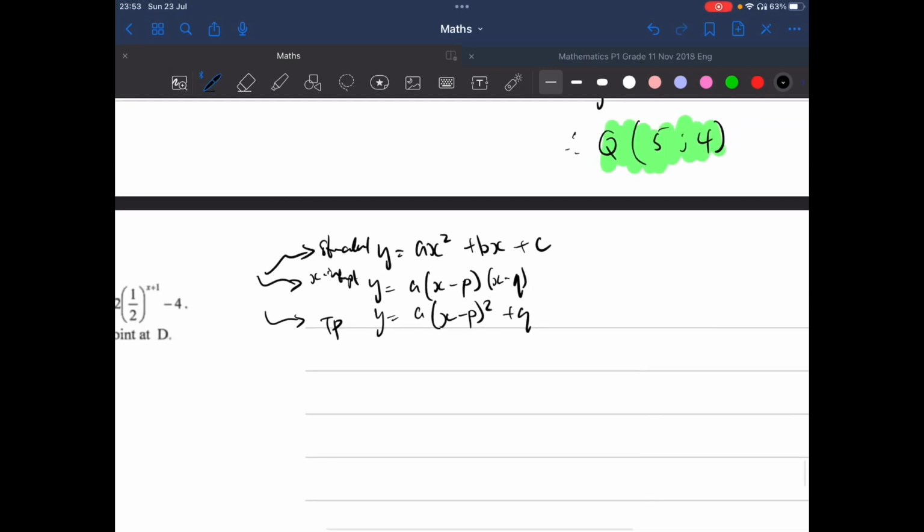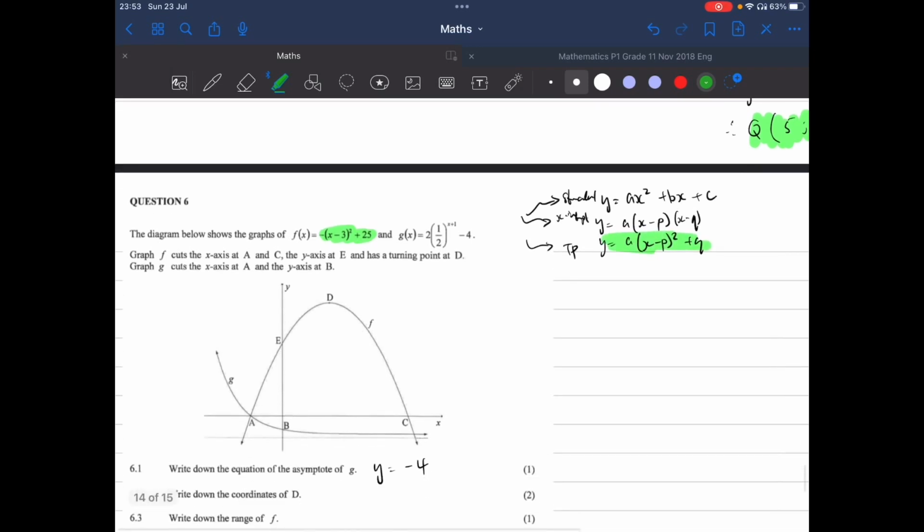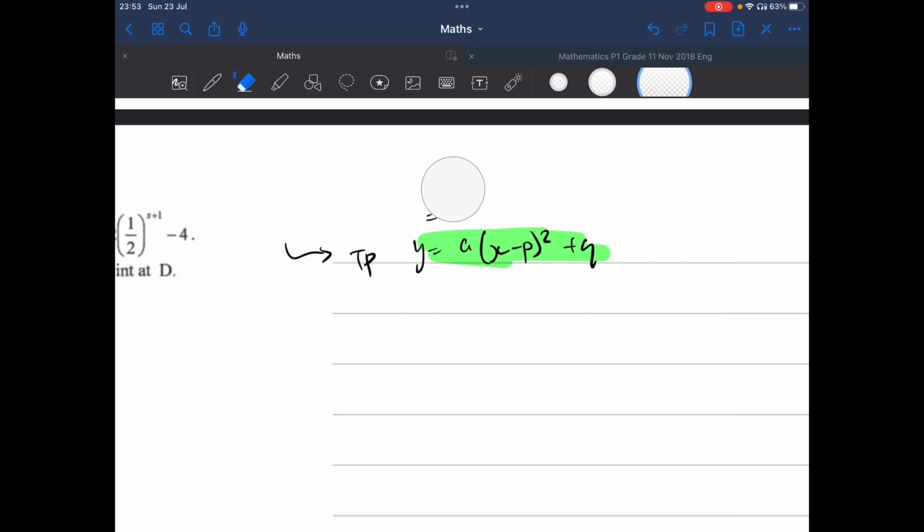Okay, so what are we given? We're given the turning point form, right? If you look at this, that's the turning point form. So let's get rid of this for now. What do these things represent?